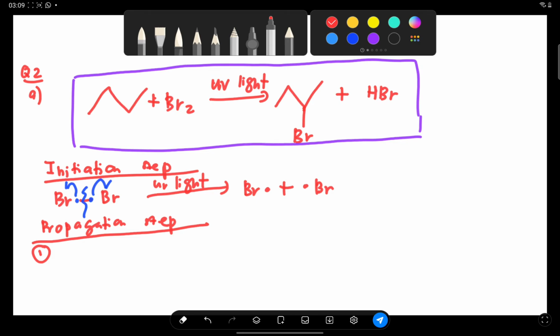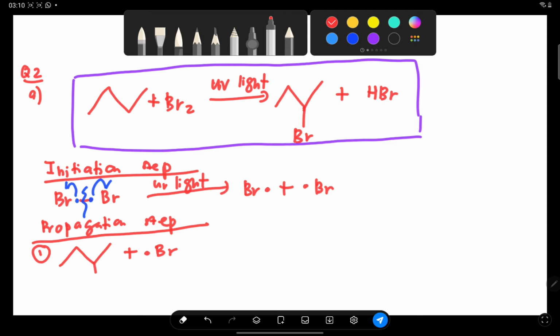In this step 1, you have butane, and this butane reacts with the Br radical that you already produced at the initiation step. You want to attach bromine here, so you substitute the hydrogen at this carbon.